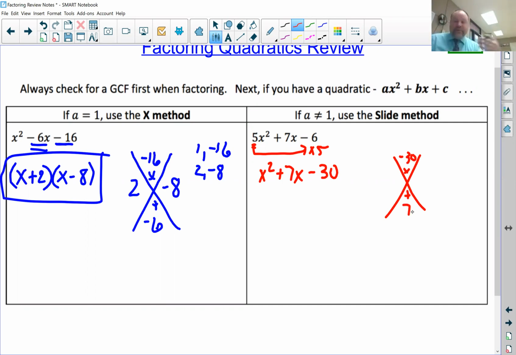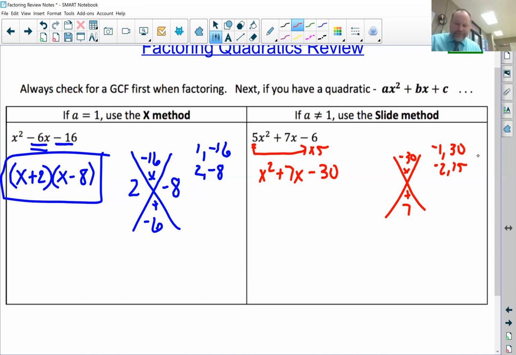So again, multiply to a negative, so we have to have a positive value and a negative value. Add to a positive, so the larger factor has to be our positive factor. Negative 1 and 30, again, doesn't quite add to 7.